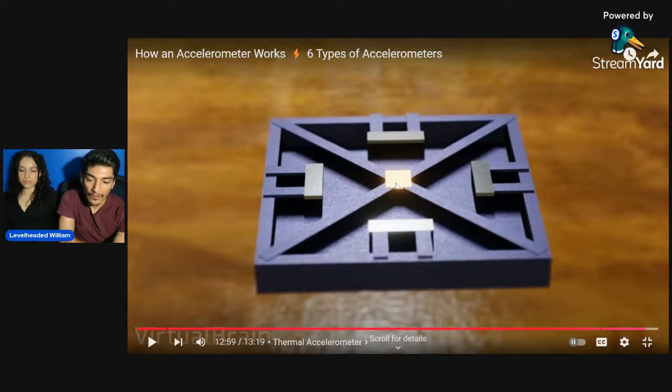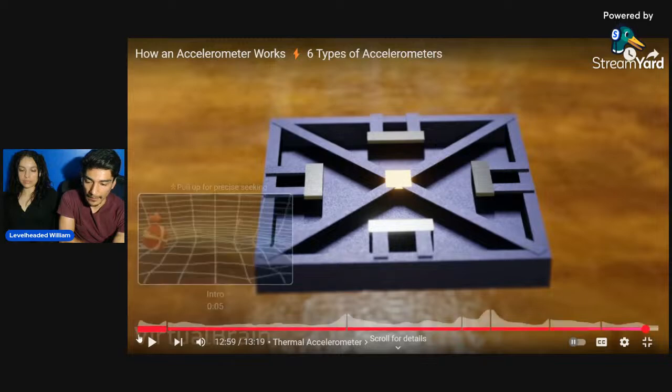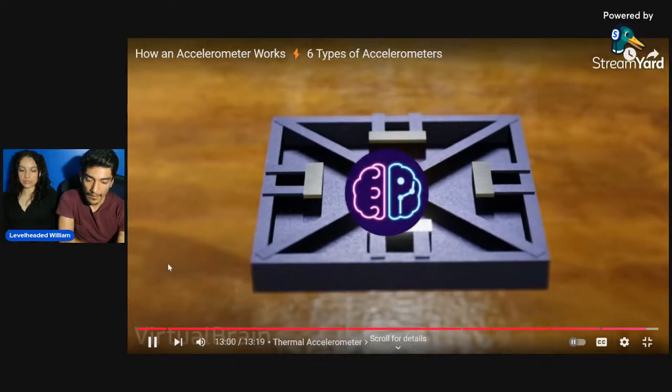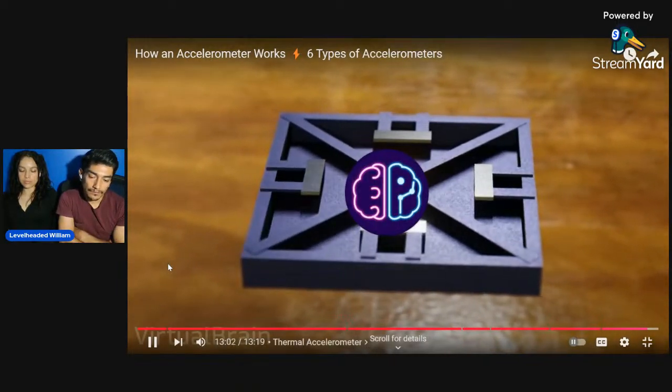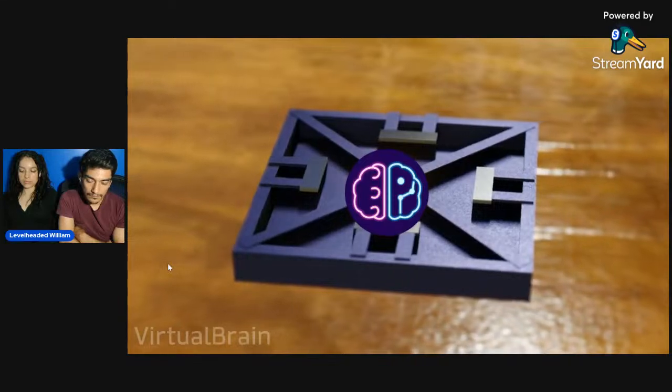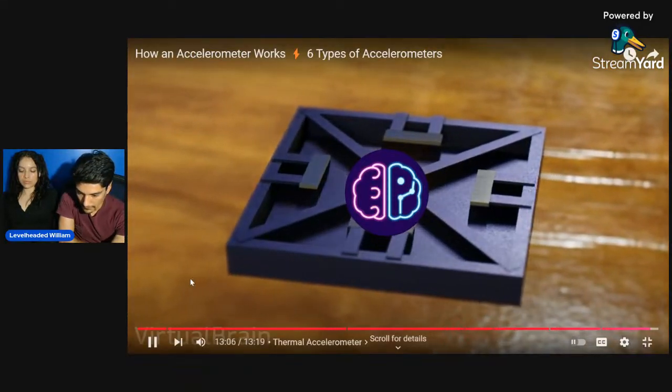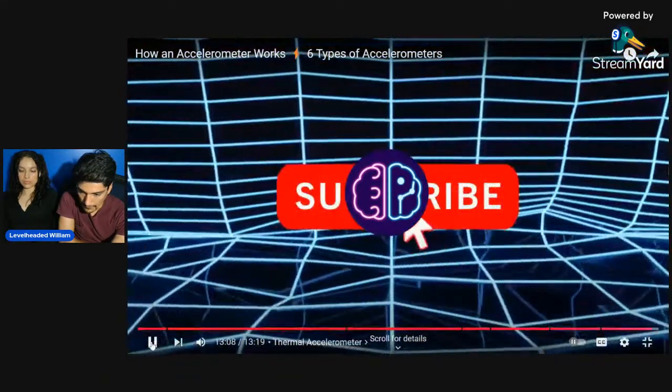So again, even though this one doesn't have any moving parts, it still relies on the principles of displacement when you accelerate. So yeah, no different. This type of accelerometer, unlike many of the previous ones, requires a continuous source of energy to generate a signal.